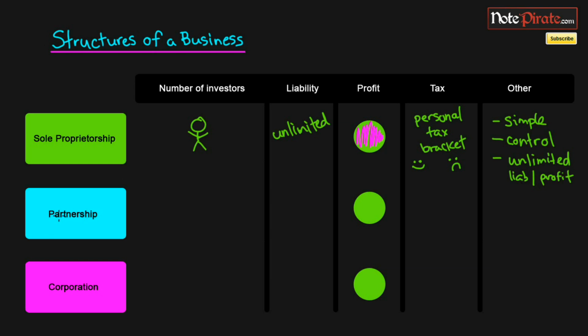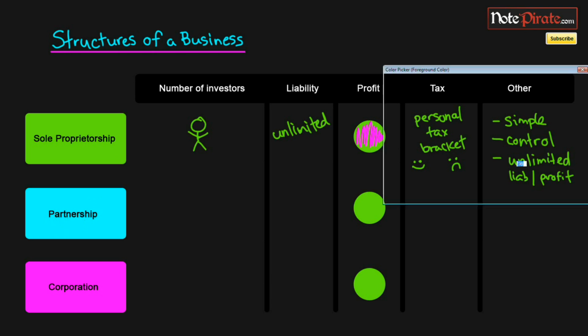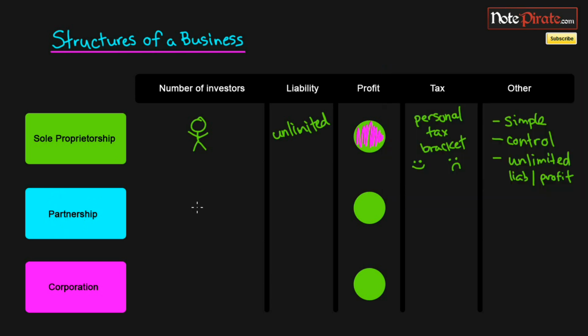So the next one we'll be talking about is partnership. A partnership is one where 2 or more people form a partnership, and it can be 1, 2, 3, 4. I'm not exactly sure if there is a limit, but I don't believe there is.